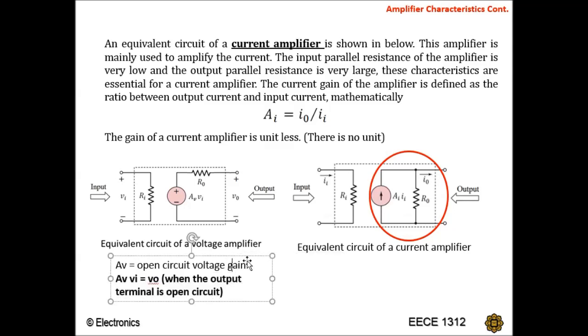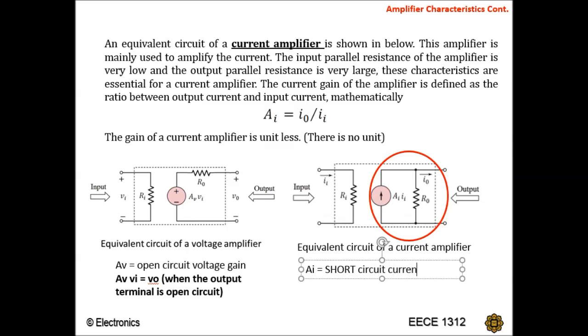Okay, however for your current amplifier, it is referred to as short circuit. It's called short circuit current gain. Okay, so why is it called short circuit current gain?